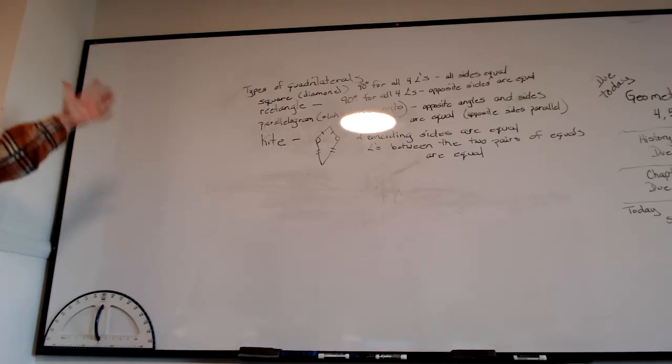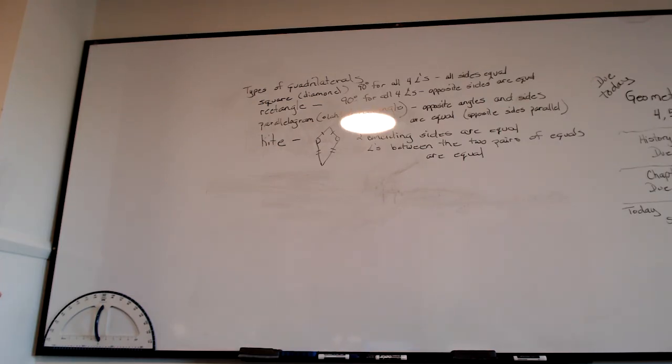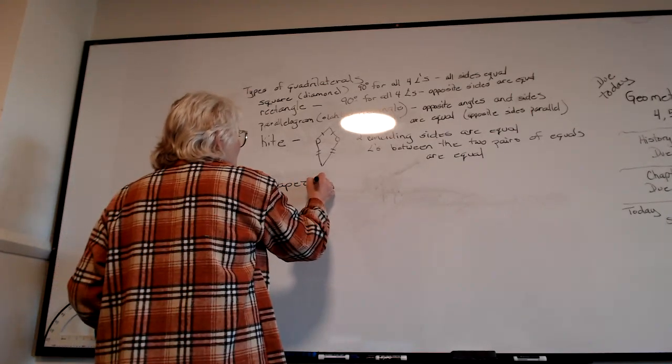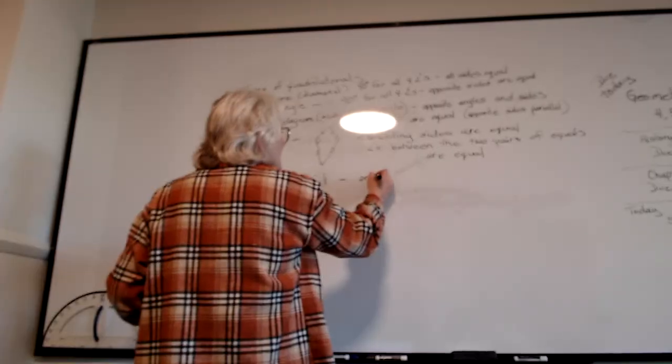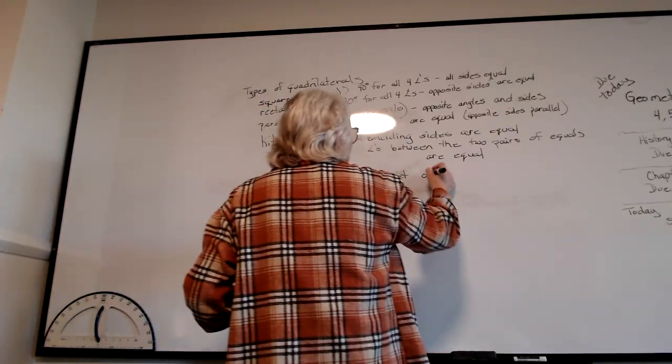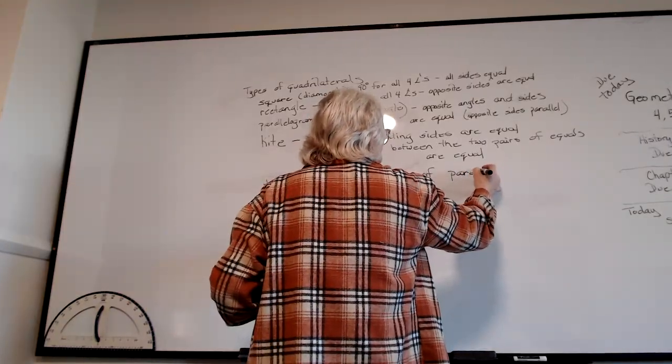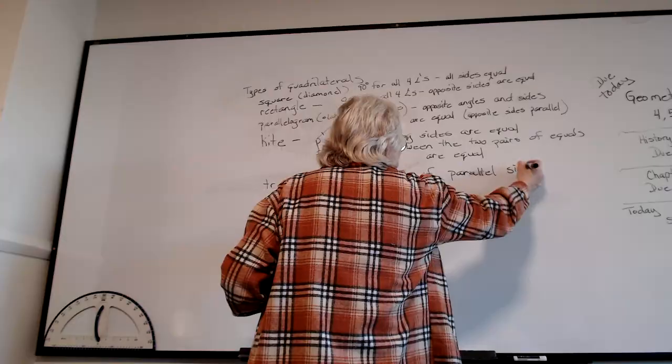So those are the types of quadrilaterals that we normally talk about. They're specified, but you can have unspecified quadrilaterals also, which are just four sides. Oh, I forgot the trapezoid. The trapezoid is the other one that we normally talk about. A trapezoid has one set of parallel sides.